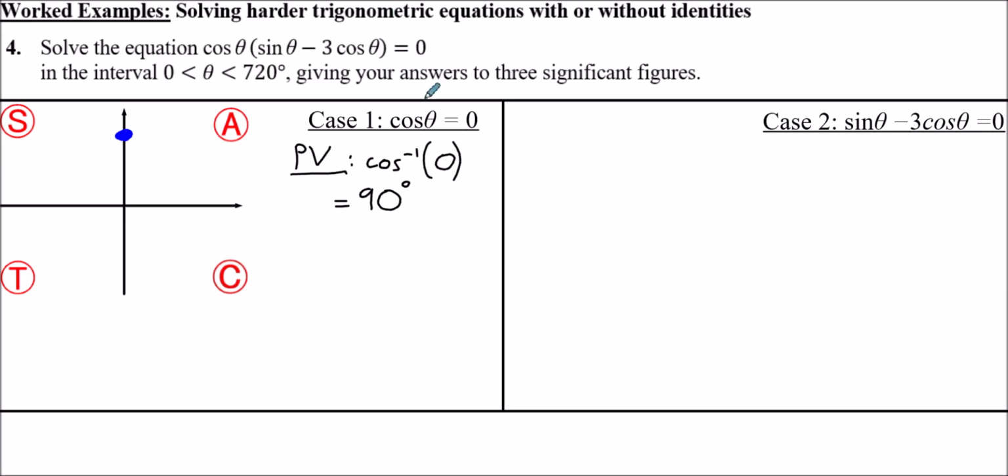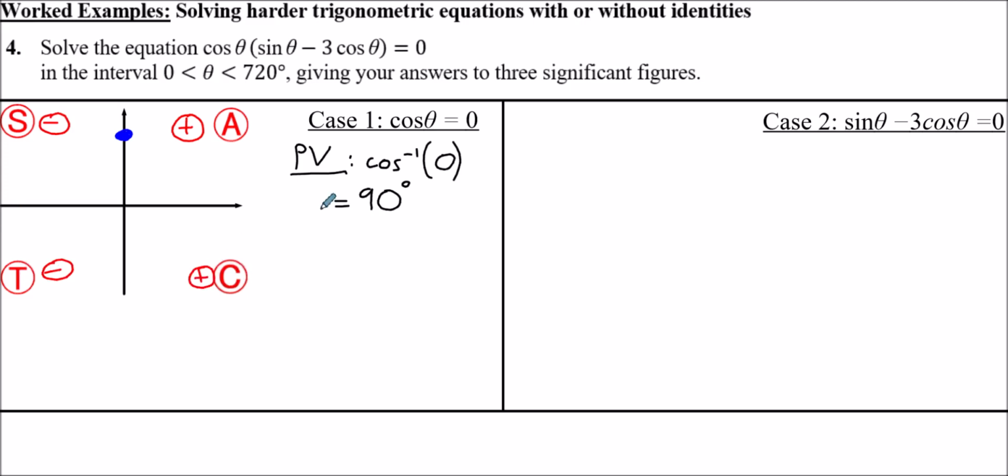Think about the sign of the cosine function. In the A quadrant it's positive. In the S quadrant, only sine's positive, so cosine's negative here. In the tan quadrant, only tan's positive, therefore sine and cosine are negative. And in the cosine quadrant, cosine is positive.